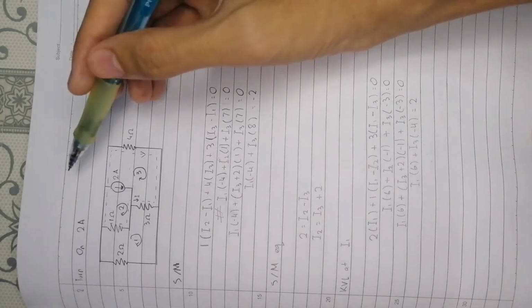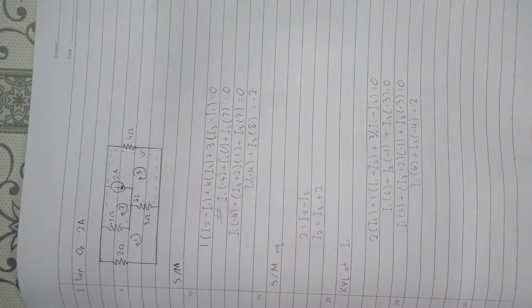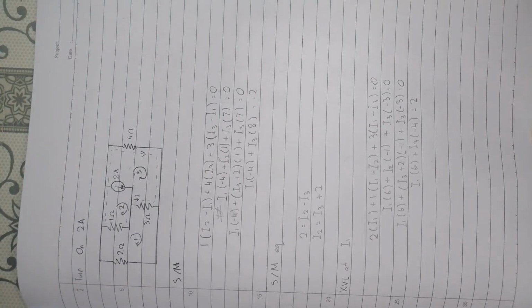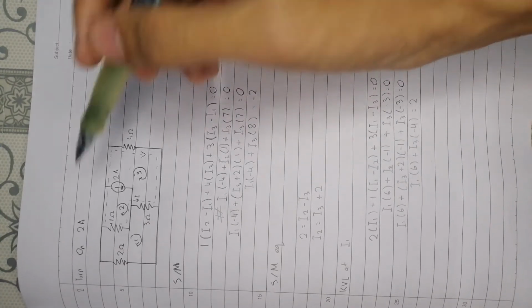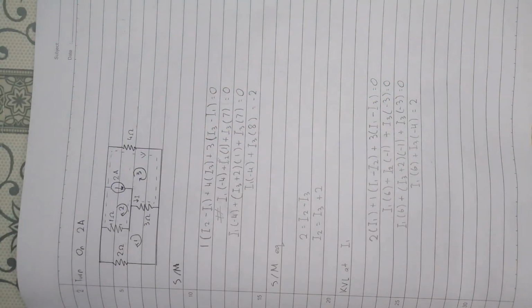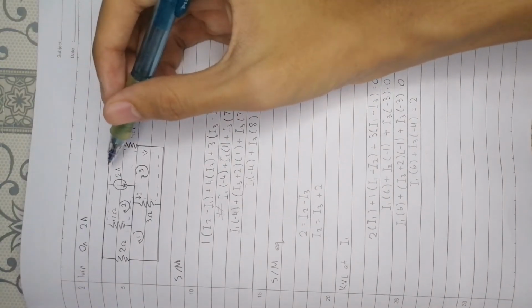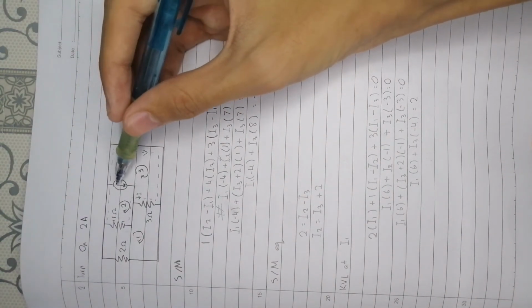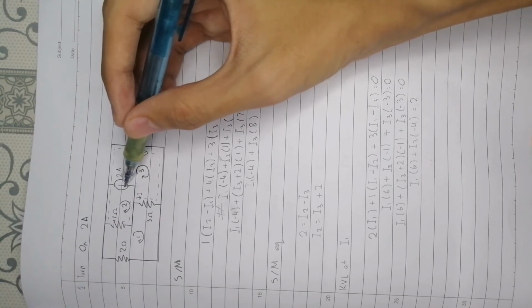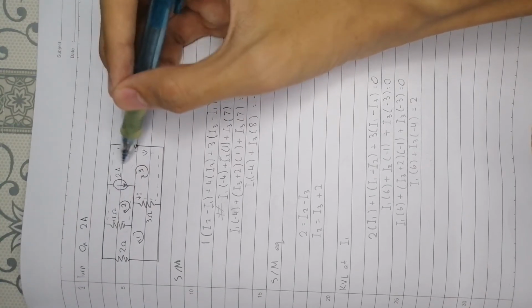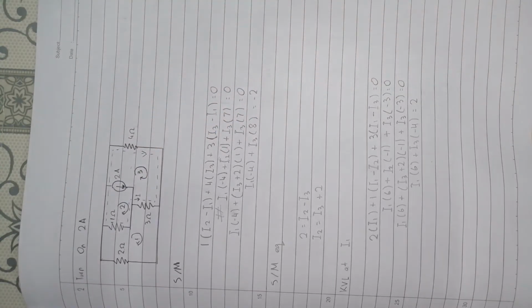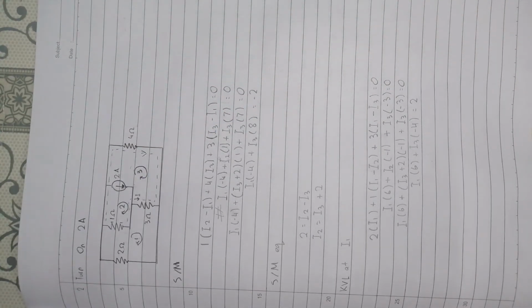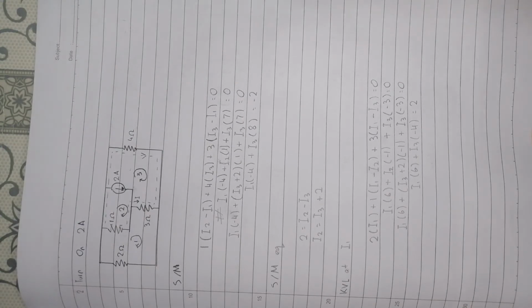Then for the second step we will turn on the 2 ampere current source. And then we can use the mesh. So in this we have a special case, that is the current source is located between 2 loops, the second loop and the third loop, and then we can use the super mesh.